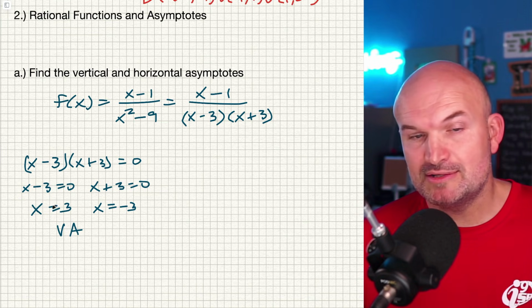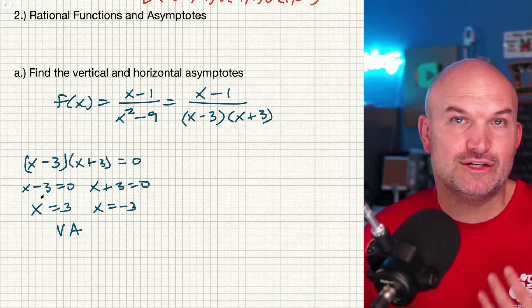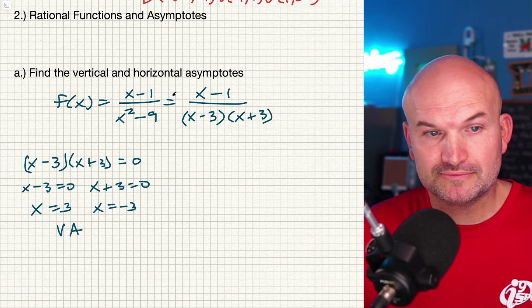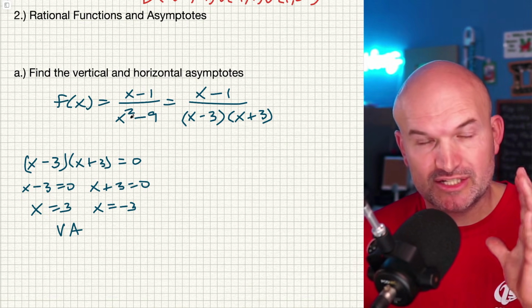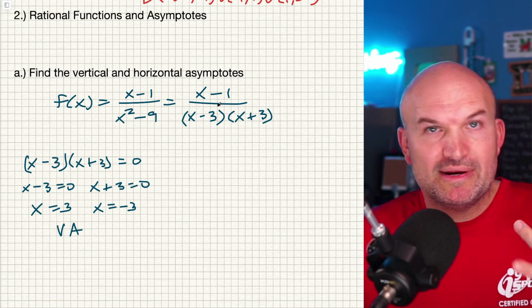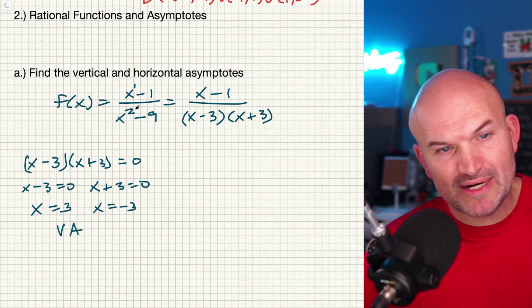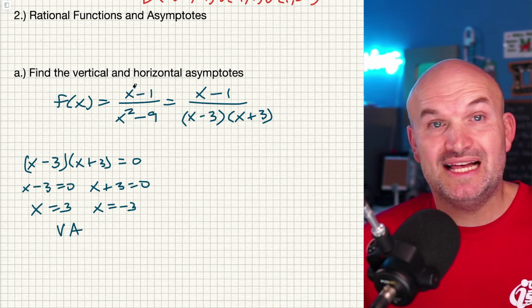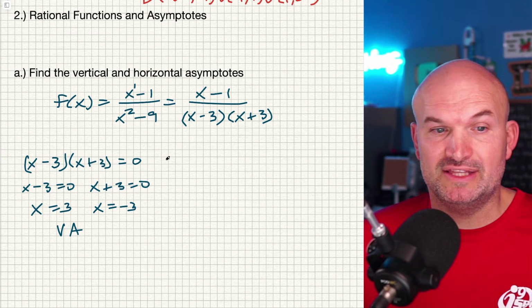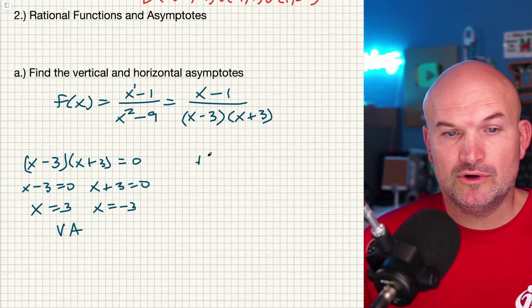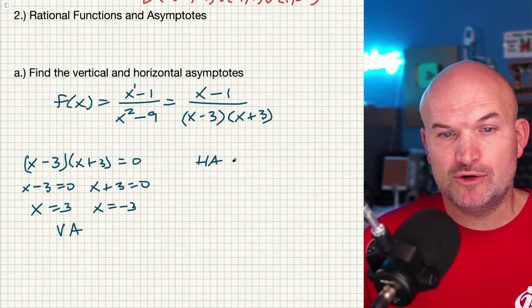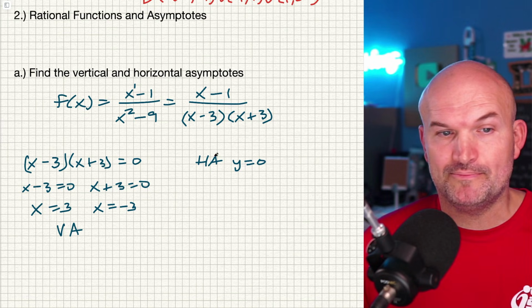Now, for the horizontal asymptotes, we want to apply what we call the horizontal asymptote test, all right? And I'm not going to write out the whole thing. I'm just going to summarize it. So there's three options we have. We could have the degree of our numerator be less than the degree in the denominator, which we have in this case. When that occurs, our horizontal asymptote is going to be y is equal to 0.